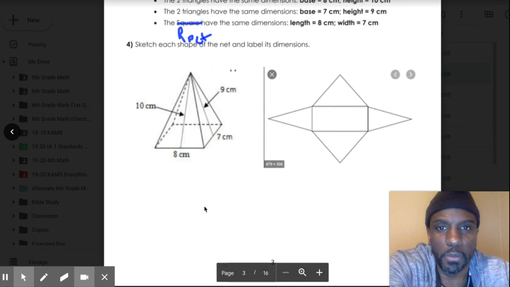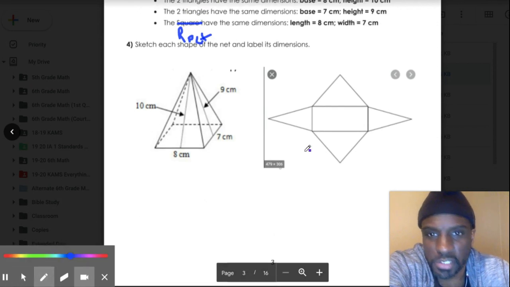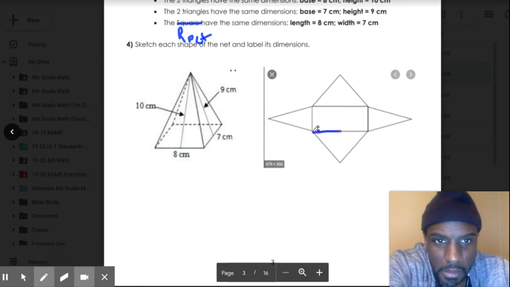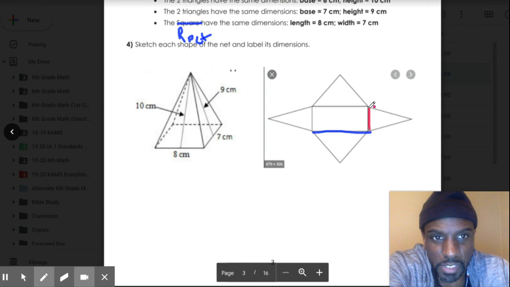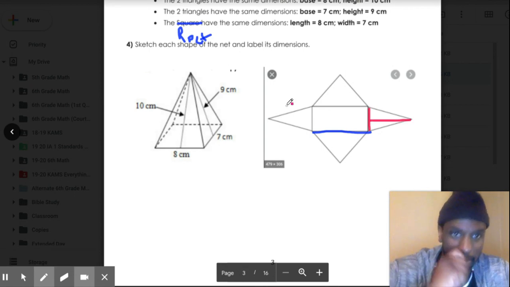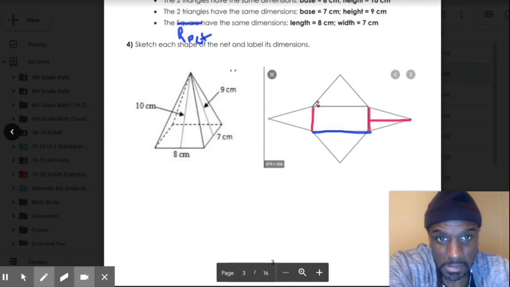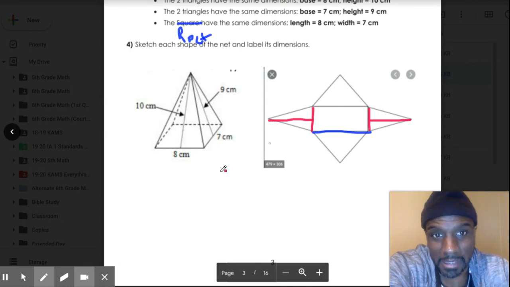And here we go. And just to draw on this, just to show you guys something, this right here is your 8, okay? But this right here is your 7, and that has 7 by 9 in red, okay?